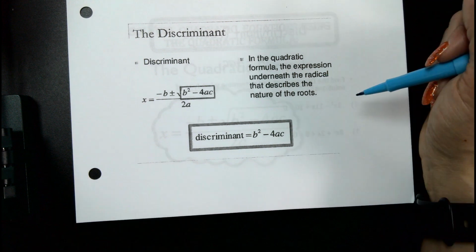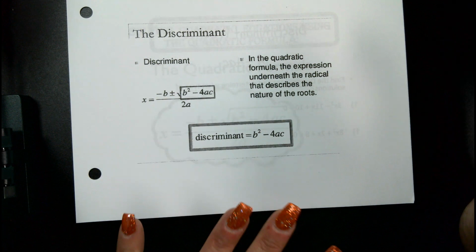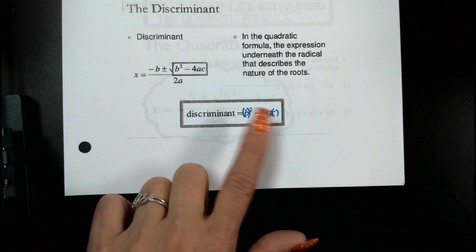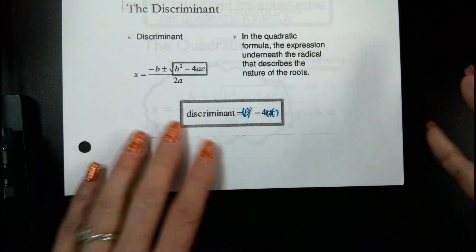So it tells you whether there's one solution or 2 real solutions. First, here's the discriminant yet again. I'm just going to throw those parentheses in there, because where those parentheses are, we're going to plug in 3 numbers: the value of B, the value of A, and the value of C.